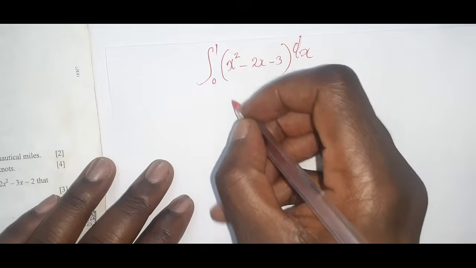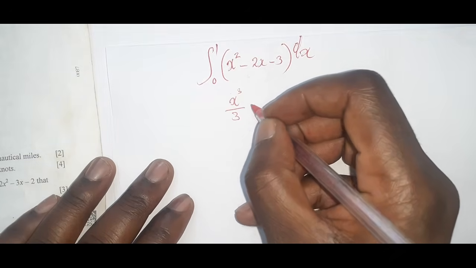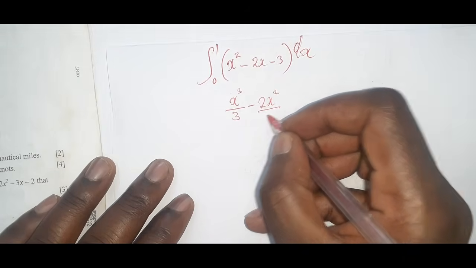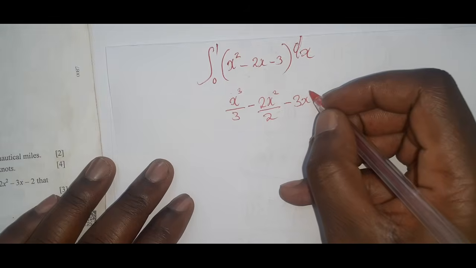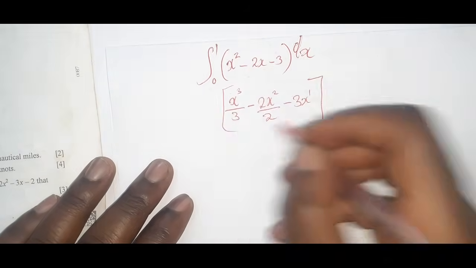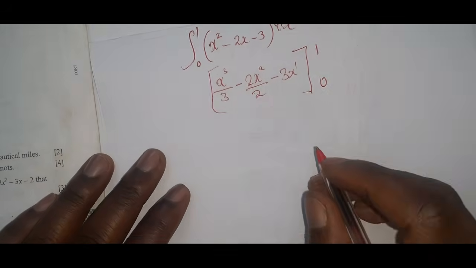So how do we integrate? We're going to have x cubed over 3 minus 2x squared over 2 minus 3x. Now at this point we can simplify it further.